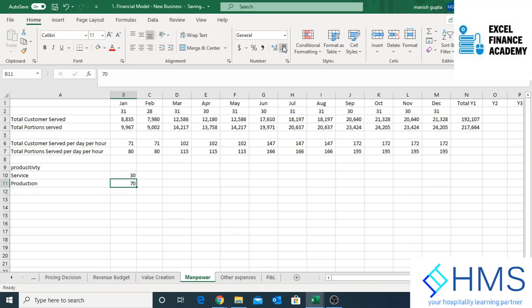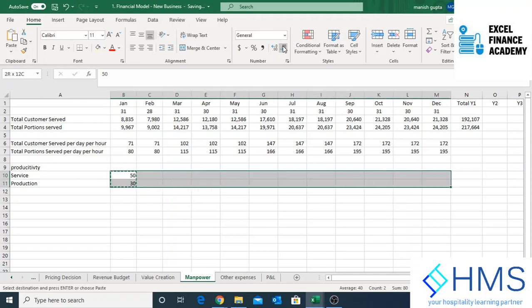And for production, how many dishes can one person make? If it takes about 2 minutes to make one item, then the person will be able to make only 30 dishes in an hour. So let's say 30. Again, service maybe can be higher, so let's say 50. So this is the capacity.